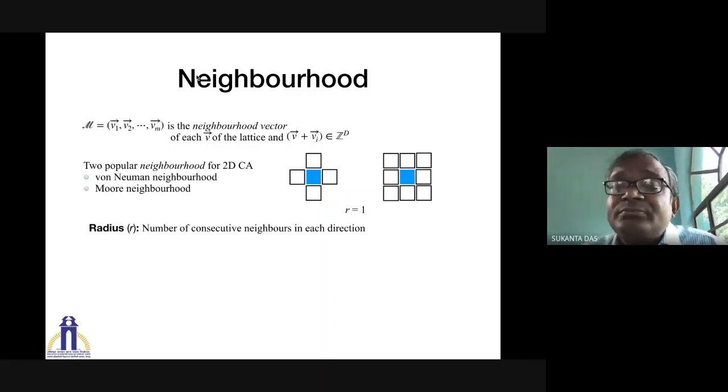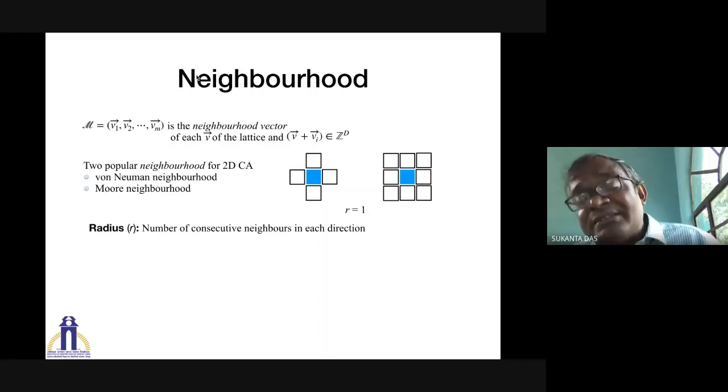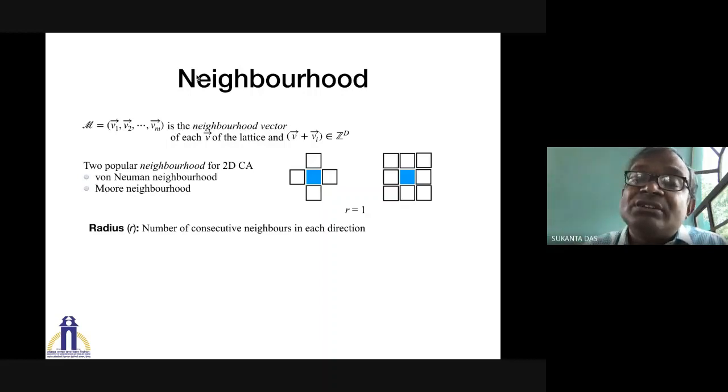In the Moore neighborhood the same thing applies, because in each direction only one cell is associated. There are 8 directions, including the 4 corner directions, and in each only one cell is associated with the center cell. So this is the radius of 1.